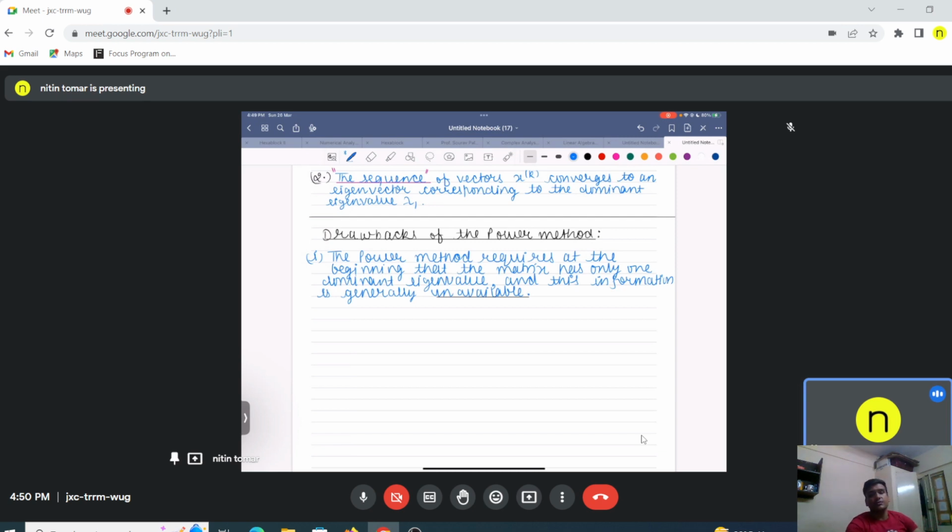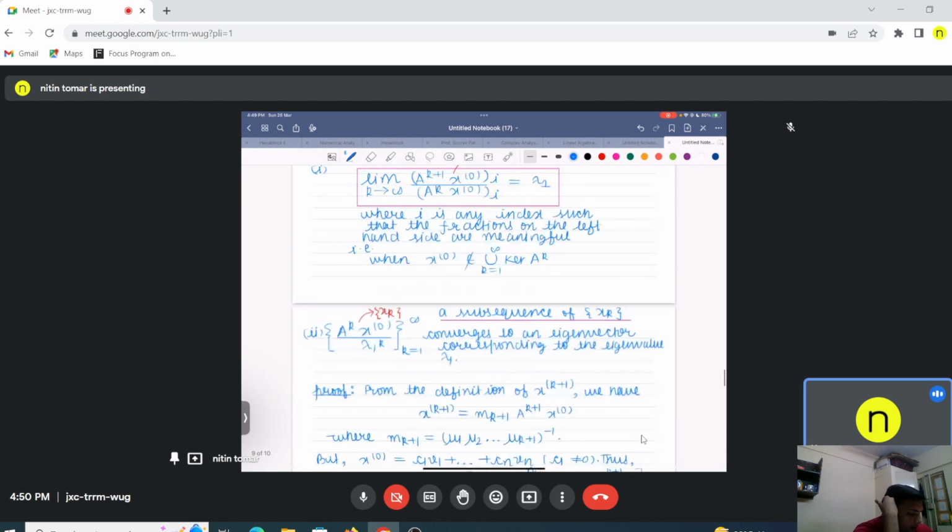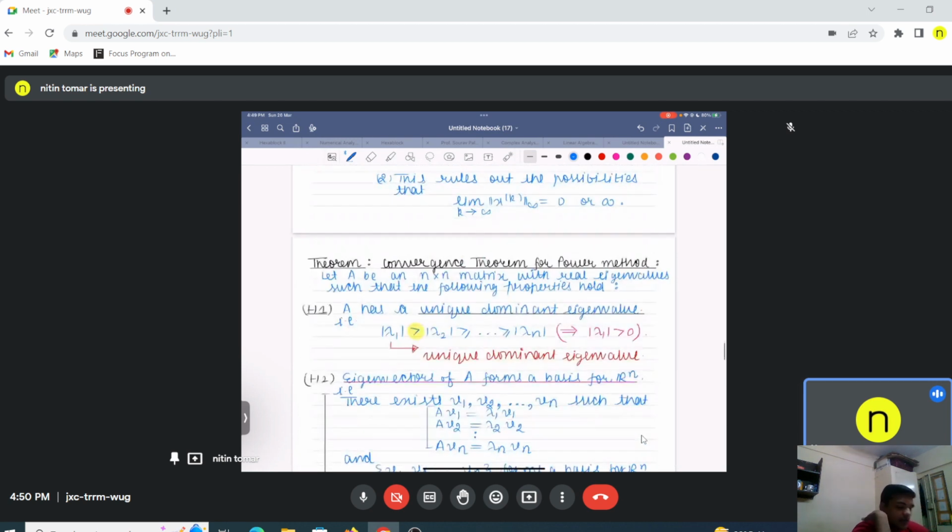The very first hypothesis says that the matrix A must have a unique dominant eigenvalue, and the aim is to give us the dominant eigenvalue.